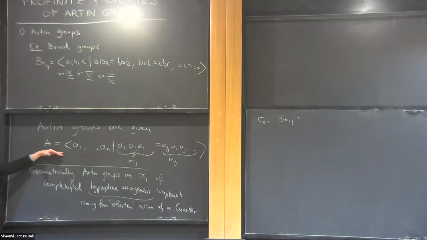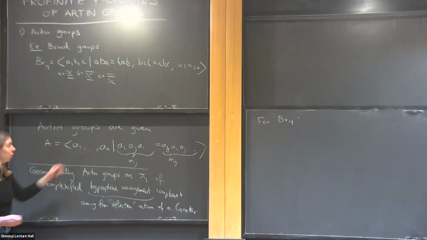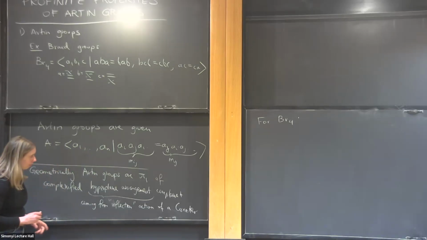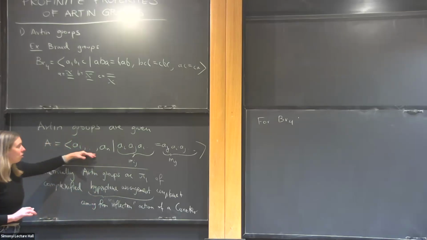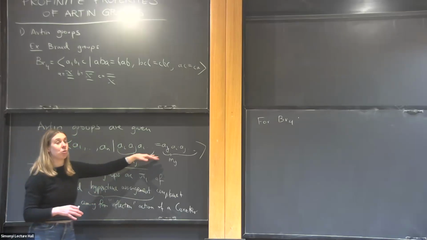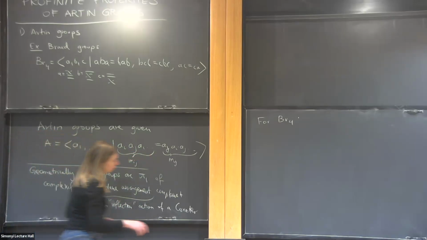The Coxeter group that is associated to the data is a natural quotient of this Artin group, where we send those generators to the natural generators of the Coxeter group. So all generators are of order 2, and this is the relation that is satisfied.